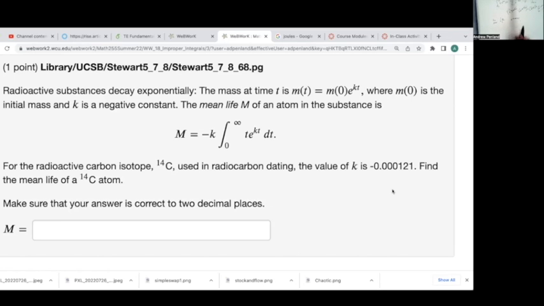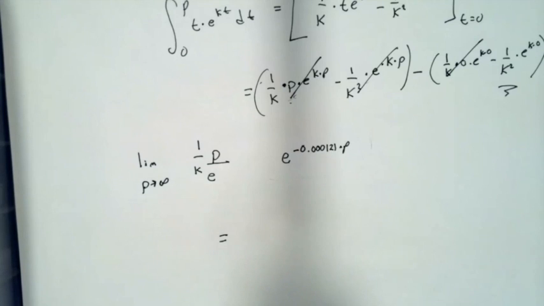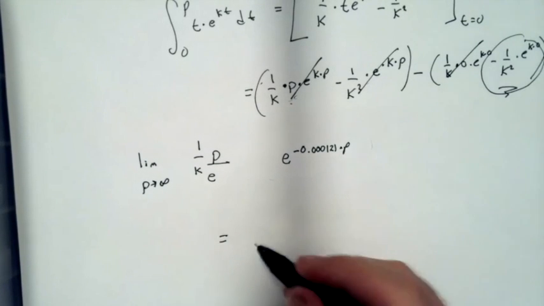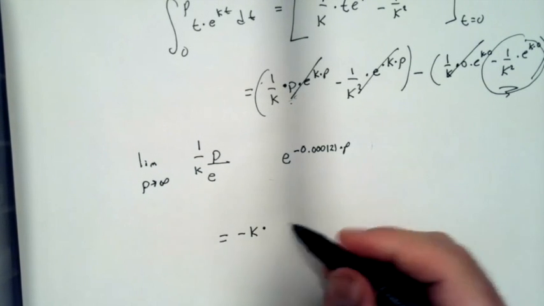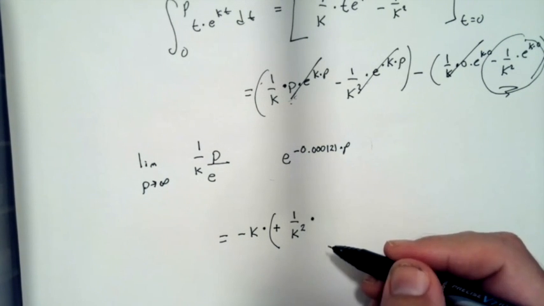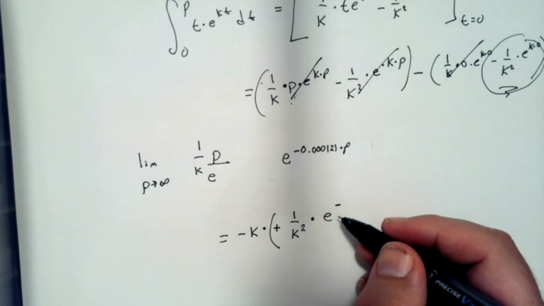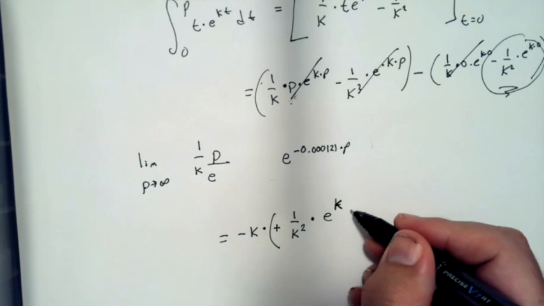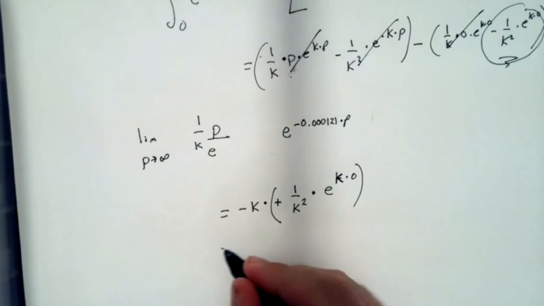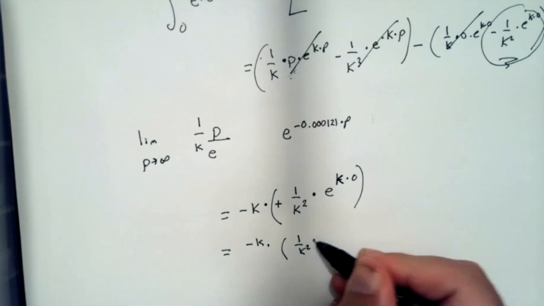And so what we're left with is we're going to carry forward our negative k times the only thing that survived, which is this last term. So the final answer would be negative k times positive 1 over k squared times e to the k times 0, which is negative k times 1 over k squared times 1.